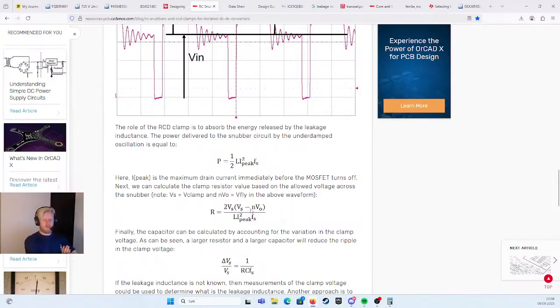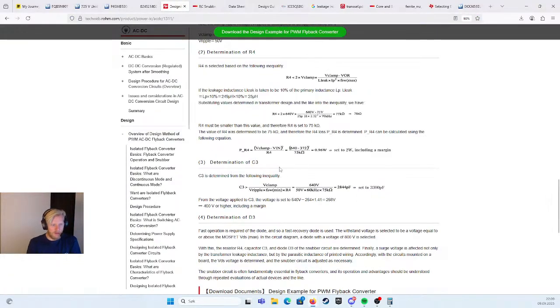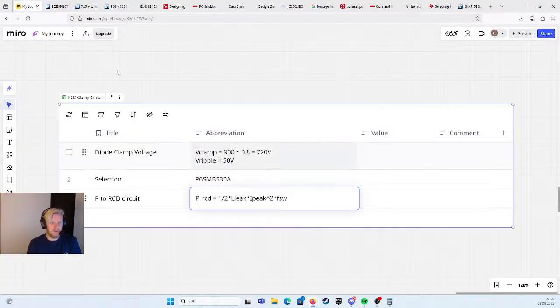And NVO the above waveform. And this looks a lot like this circuit right here. 2 times V clamp times V clamp minus V_OR, which is the reflected voltage, divided by the leak inductance times the peak current times the switching frequency.